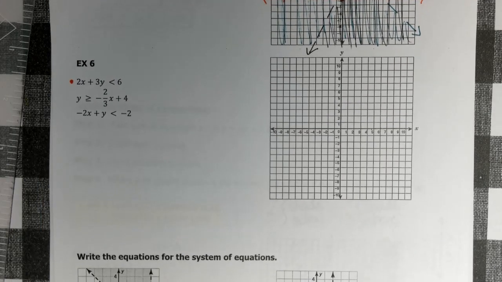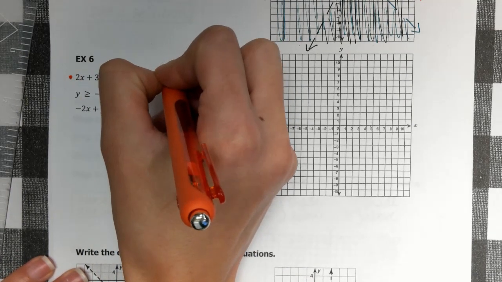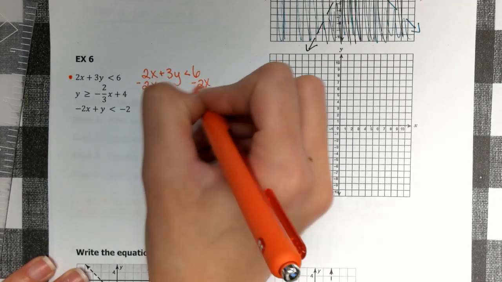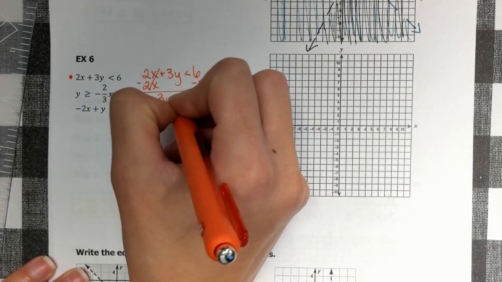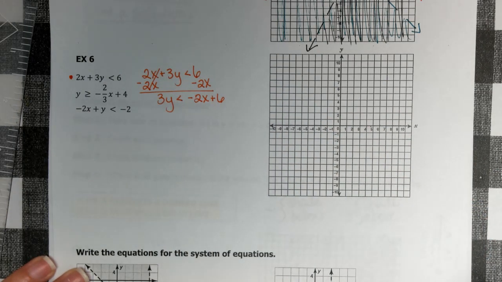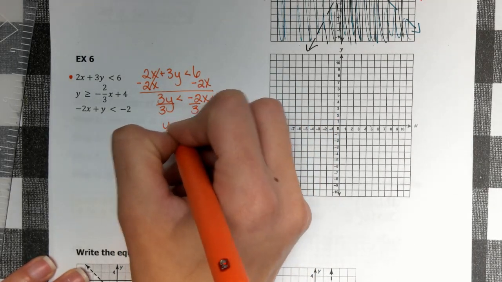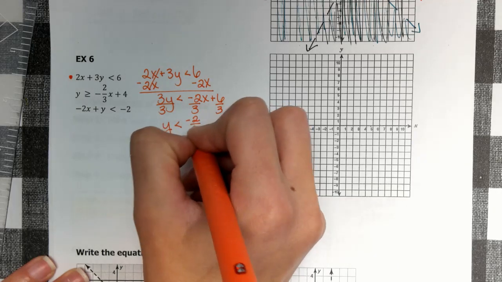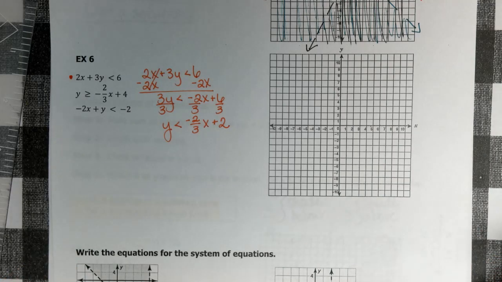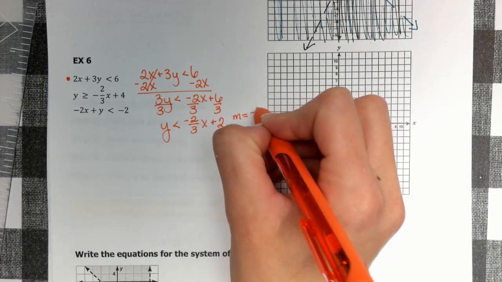2x plus 3y is less than 6. I need to solve for y. So I'm going to subtract 2x. 3y is less than -2x plus 6. Then divide everything by 3. Y is less than -2/3 x plus 2. My slope is -2/3.